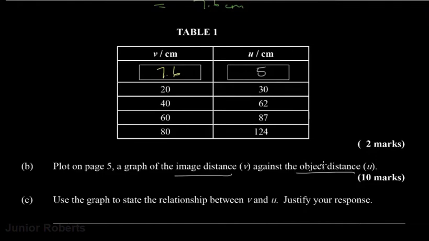Okay, cool. So the question is again, we need to determine what goes on our y-axis and what goes on our x-axis. And we're plotting a graph of image distance against object distance. So my question again is, what quantity will go on the y and what quantity will go on the x-axis? Any ideas?